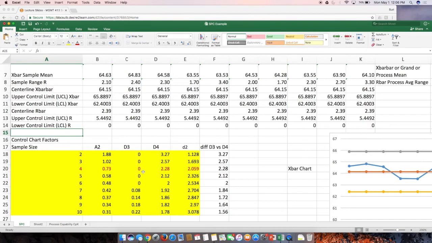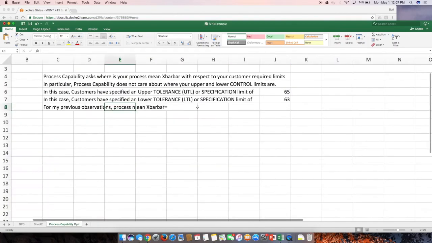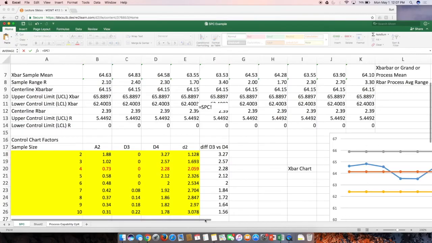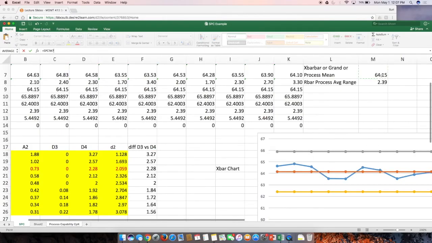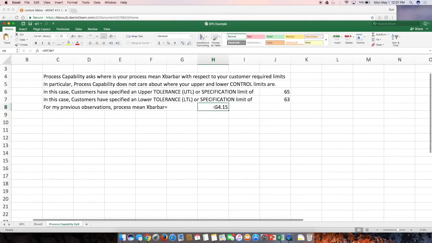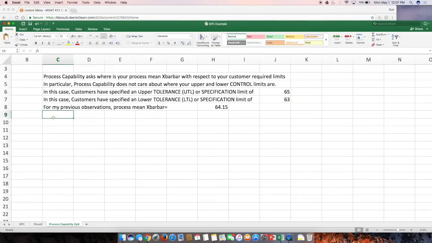X bar bar? 64.15. 64.15, that's my X double bar. And so I'm going to go collect that. I'm going to say my X double bar is the 64.15 which I calculated. That's my X double bar.